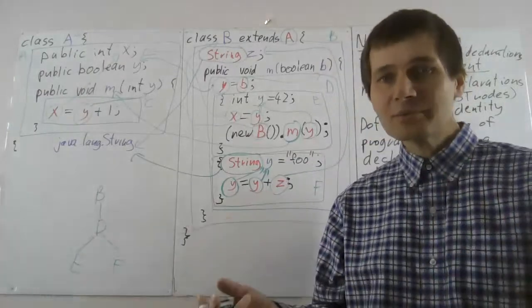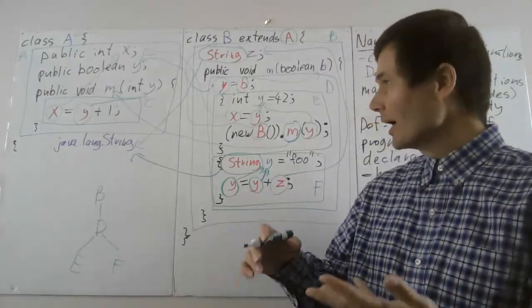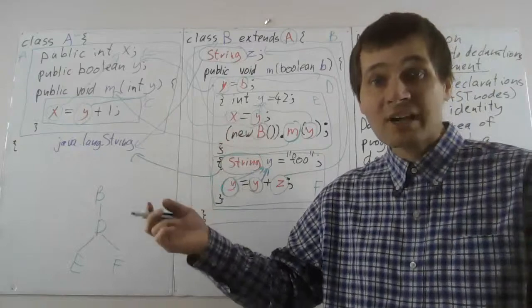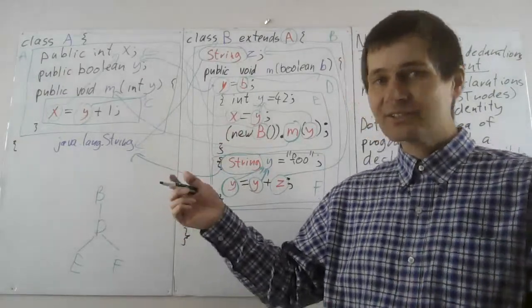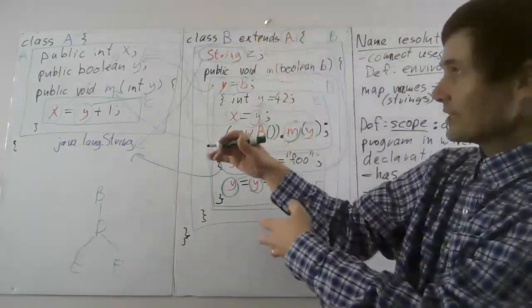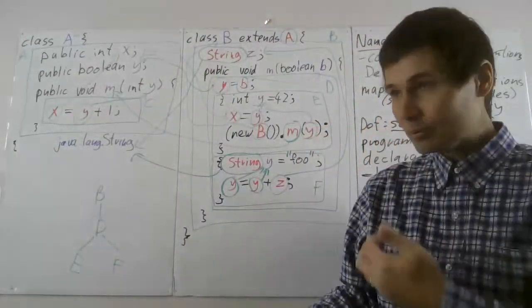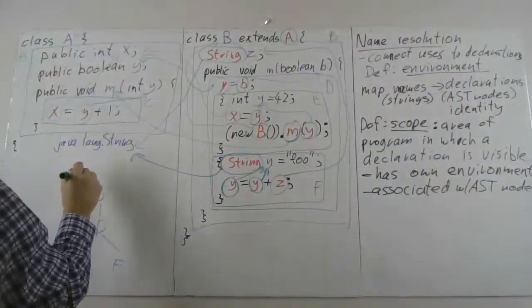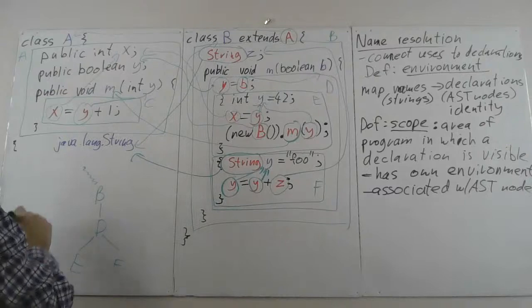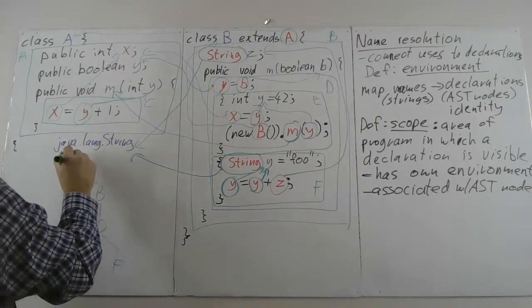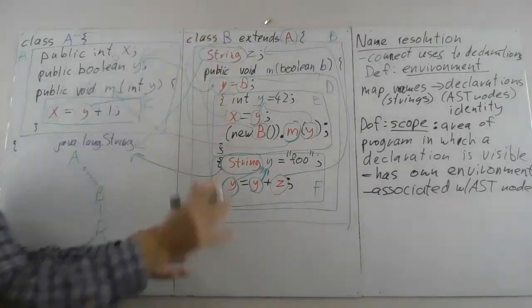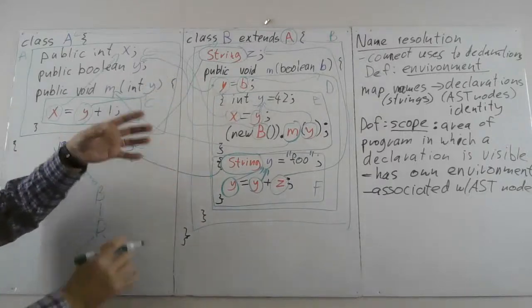Okay, and in terms of the nesting of the scopes, conceptually, I can say that the B scope is nested inside the A scope. It's maybe a different form of nesting in that it's a subclass.